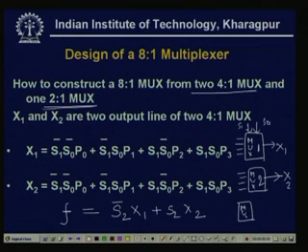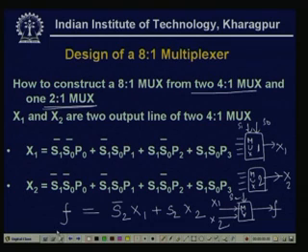This is a mux where only 2 input lines will be one select line and one output. This I am calling F, and the 2 inputs are x1 x2. Select line is S2. Then this is my expression.